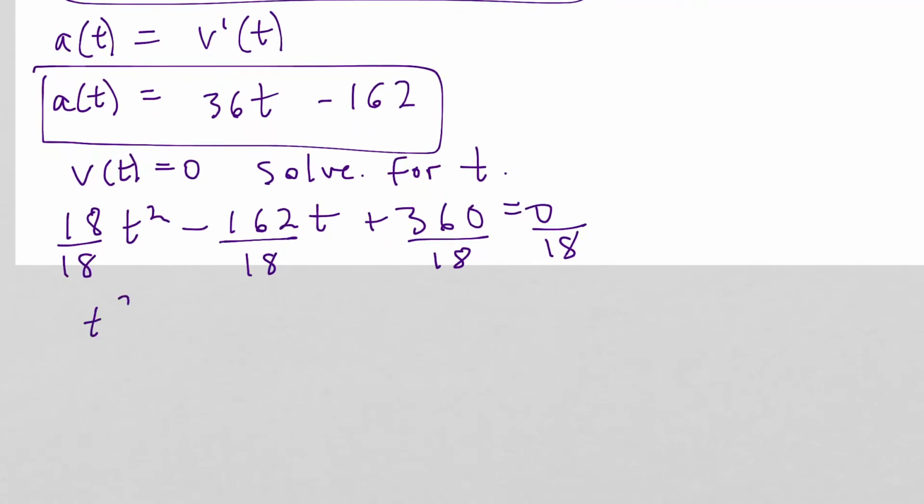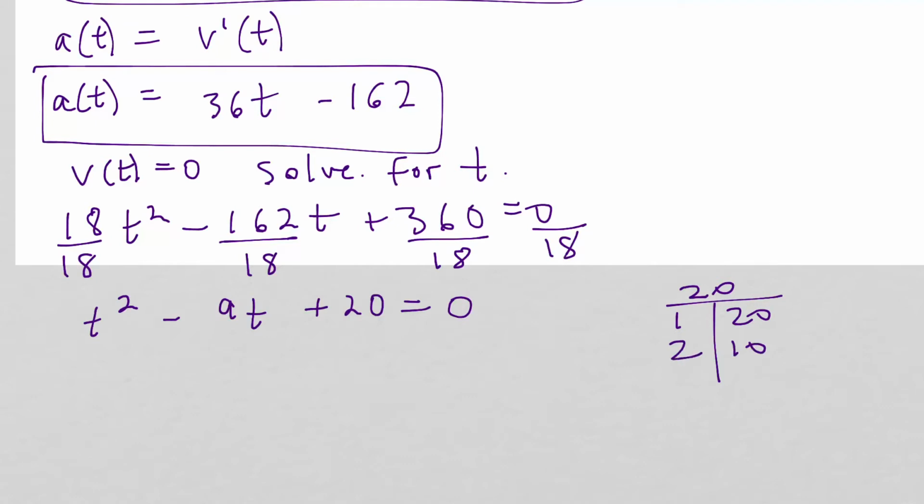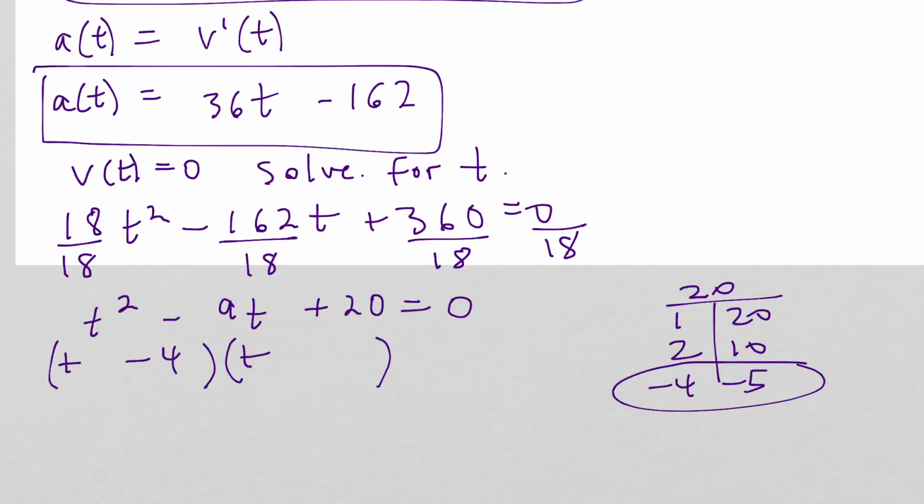So this is t squared minus 9t plus 20 is equal to 0. That is factorable because I've got 1 times 20, 2 times 10, and 4 times 5. Two negatives would add to give me negative 9. So I've got t minus 4, t minus 5. If we have factors, we have solutions.